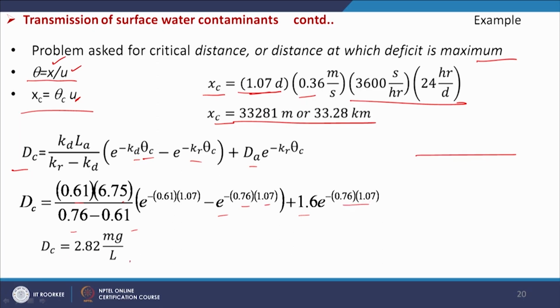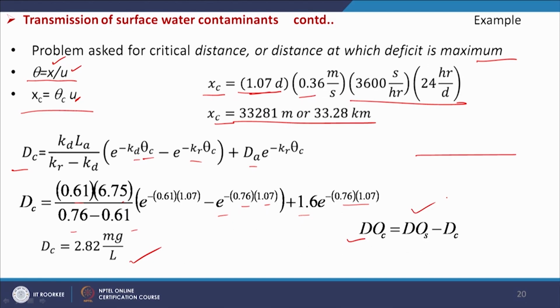Ultimately we get 2.82 mg per liter. So, this is our critical deficit. What will be the critical DO concentration? That is equal to saturated DO minus critical deficit, so 8.5 minus 2.82, that is equal to 5.68 mg per liter.